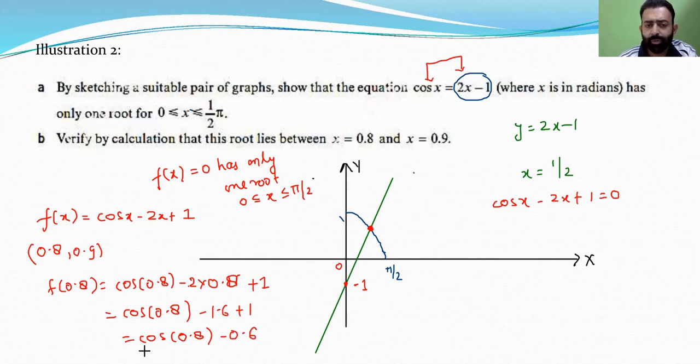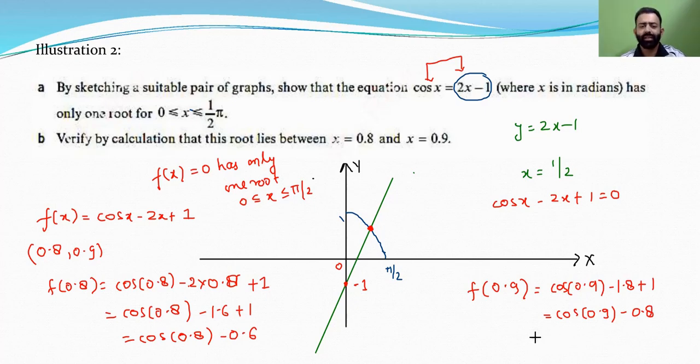Let us find out at 0.9 what is the value of the function. So f at 0.9 is cos of 0.9 minus 2 into 0.9, which is minus 1.8, plus 1. So this is cos of 0.9 minus 0.8.